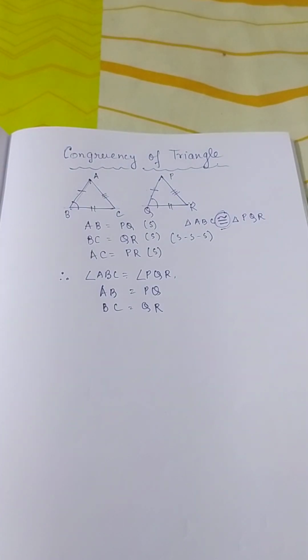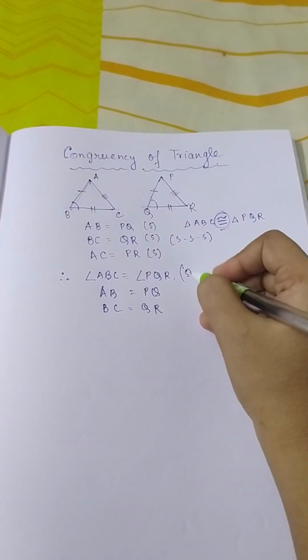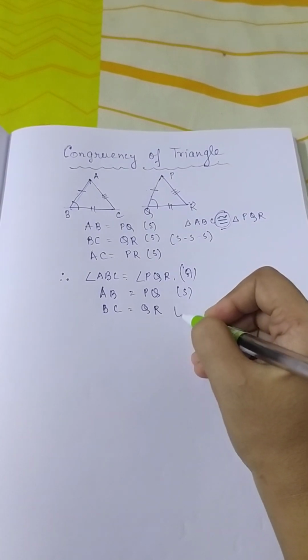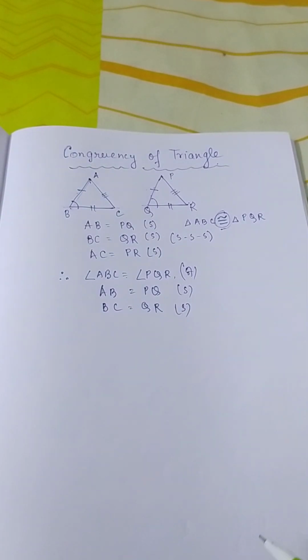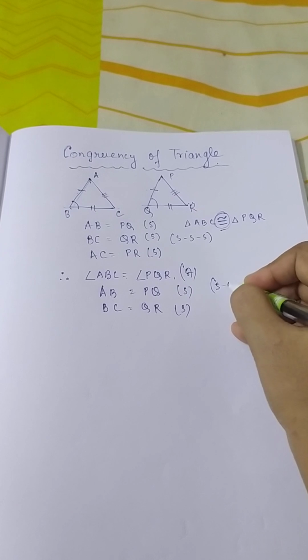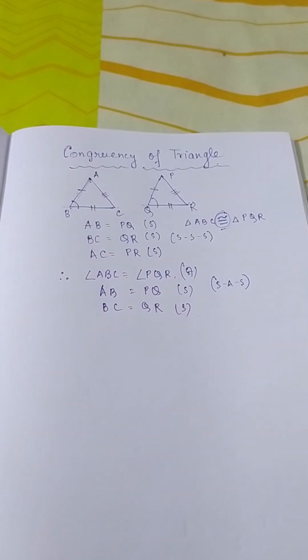Then we can call it the side, angle, side rule. Then also we can say that ABC and PQR are two triangles which are congruent.